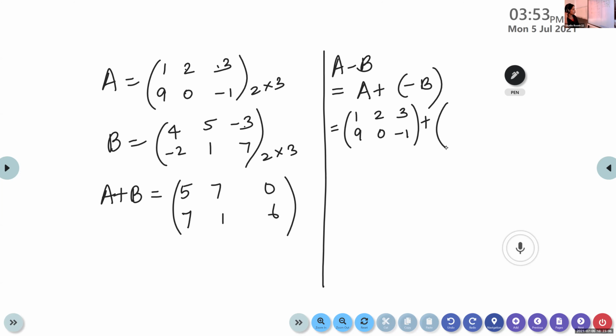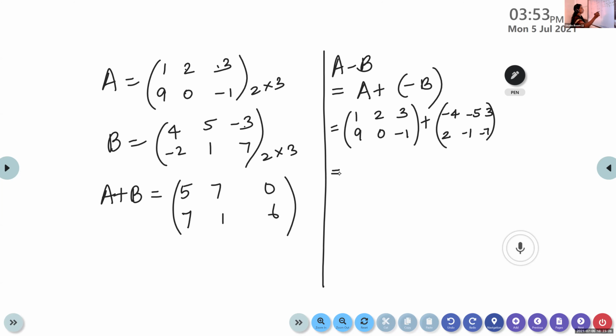The negative of the matrix B. That means we multiply the matrix B by minus 1. When you multiply by minus 1, we get minus 4, minus 5, 3, 2, minus 1, minus 7. So it will be A plus minus B.